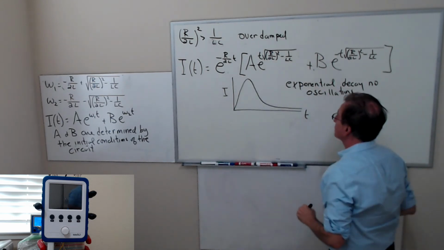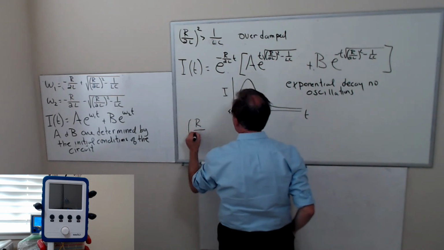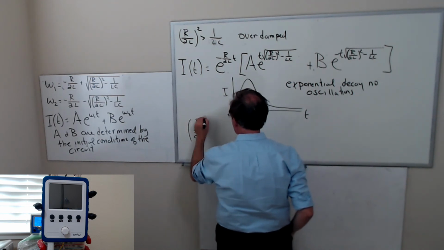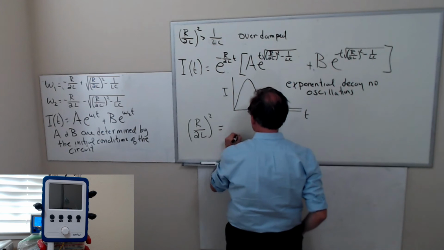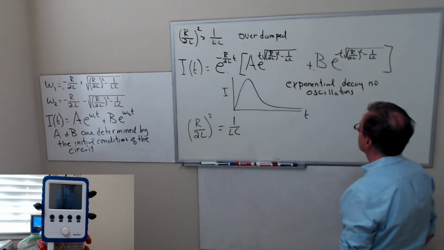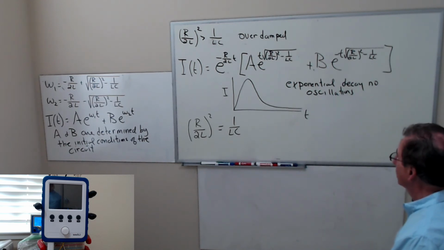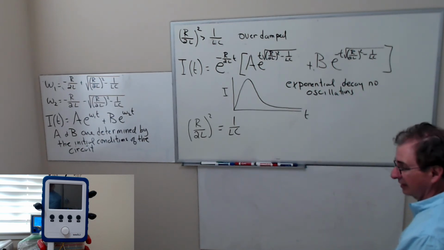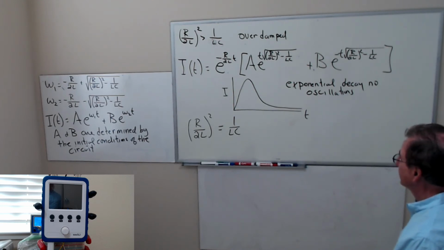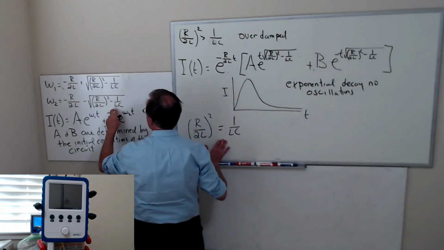Now there's another case where R over 2L squared equals 1 over LC. Now what happens in that case?